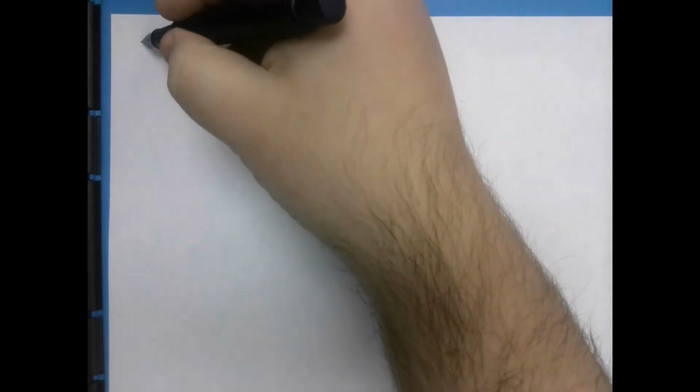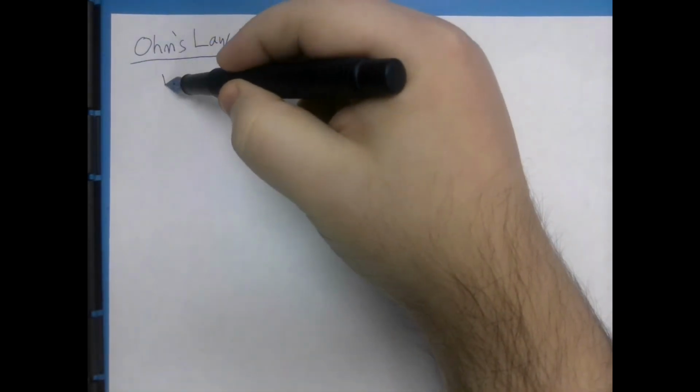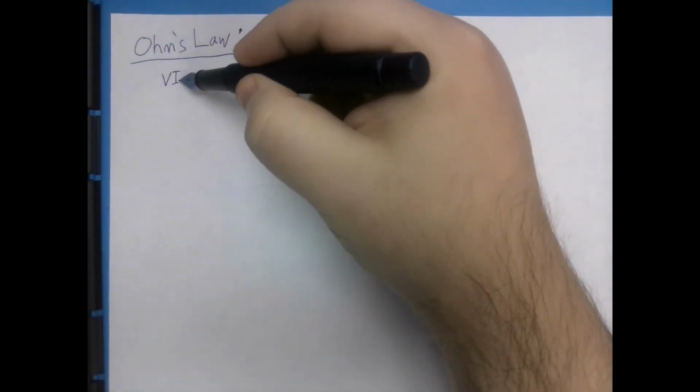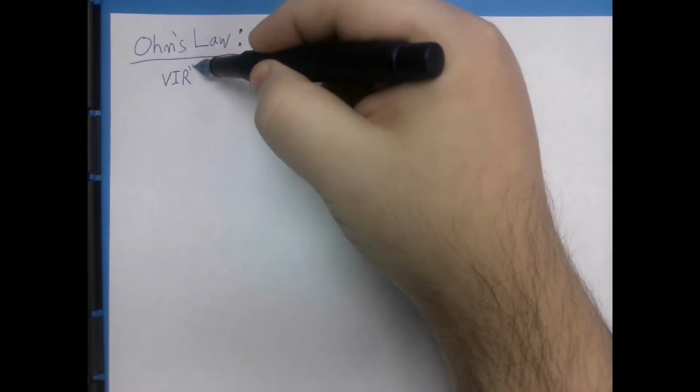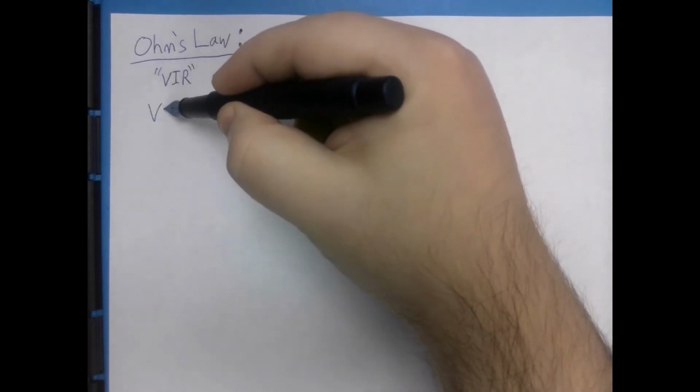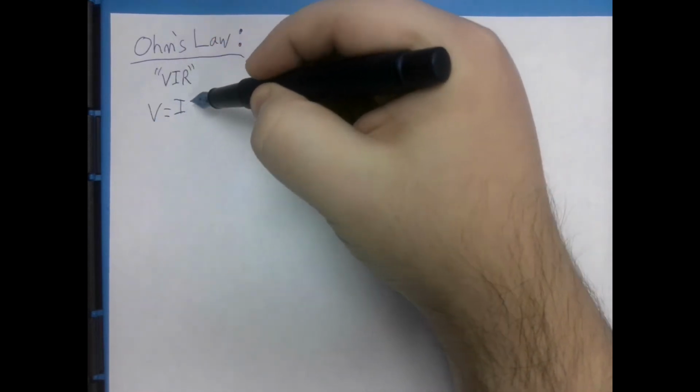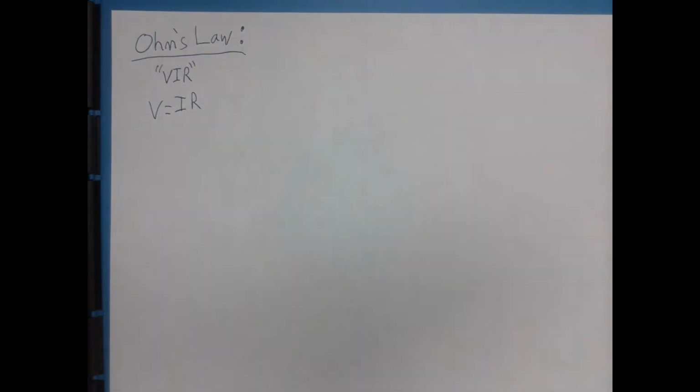Ohm's law. Does anyone remember the equation for it? I remember Ohm's law using the acronym VIR. Voltage is equal to current times resistance.